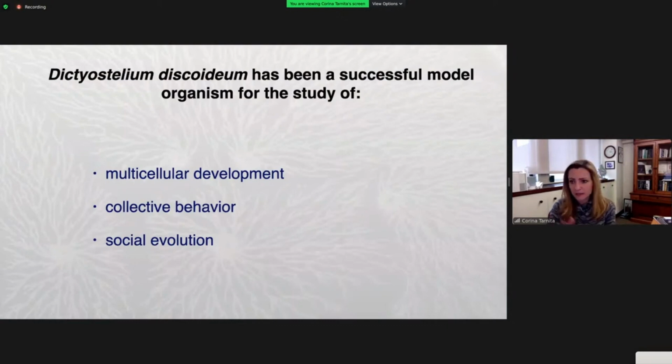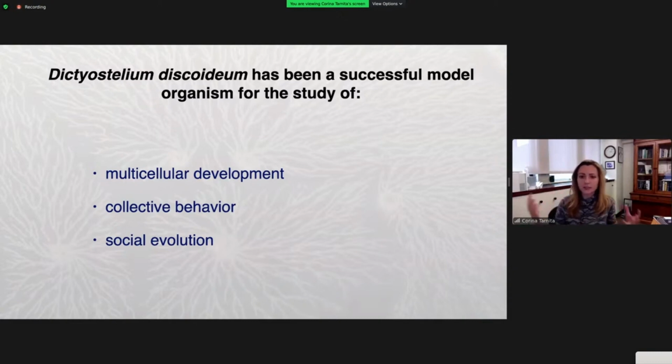So it's been a very popular model system for the last 75 or 80 years, I guess, for multicellular development, for collective behavior, for social evolution, because of this apparent altruistic suicide that these cells perform to form the stalk.